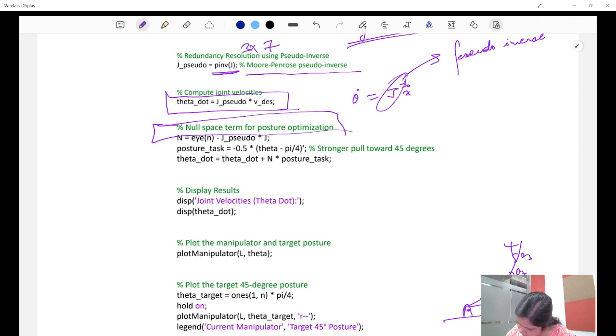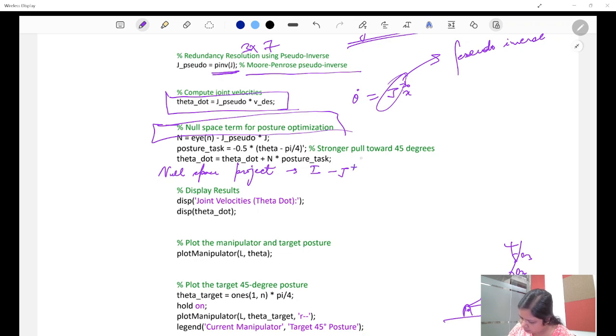This is the null space projector, and it is given by I minus J pseudo inverse times J.